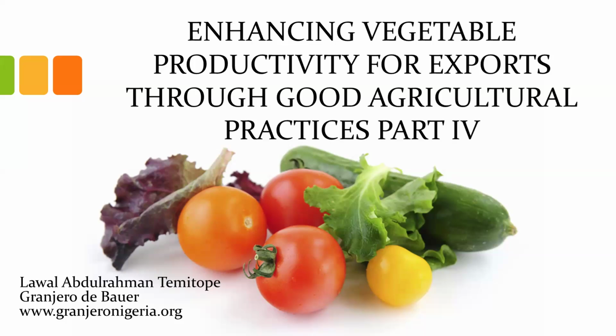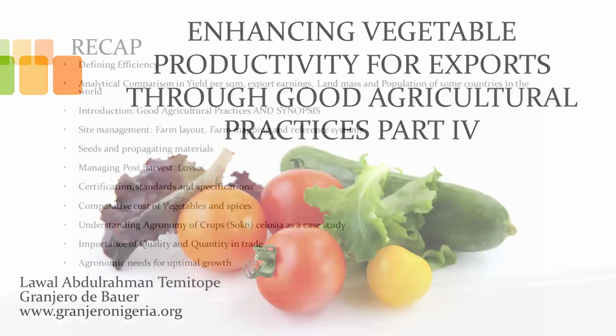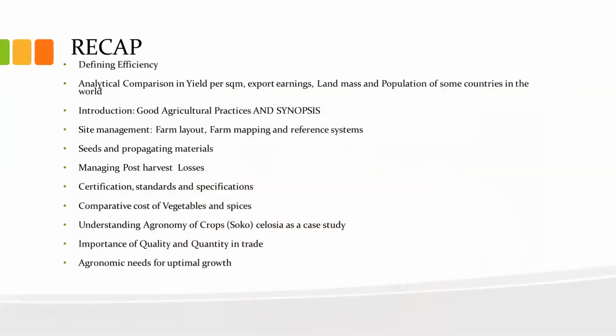So far we have discussed different things, and let me make a quick recap. We have discussed defining efficiency. I hope that most of us here have seen the previous videos, because this lays the foundation for what we'll be discussing today, though briefly.